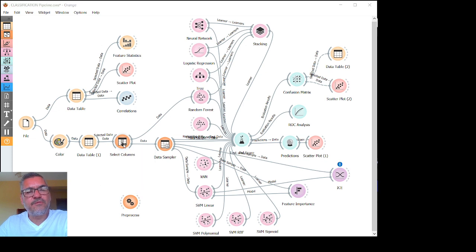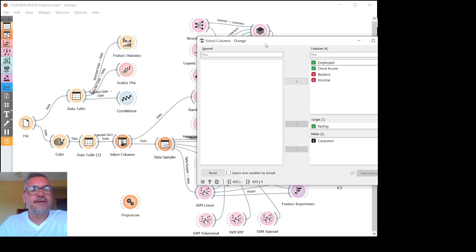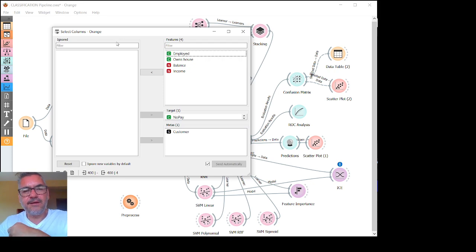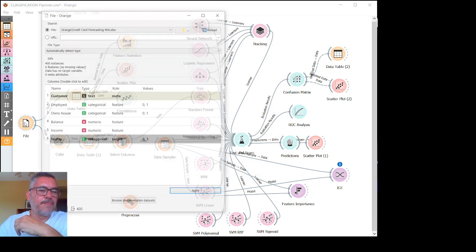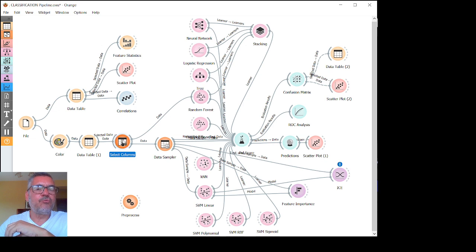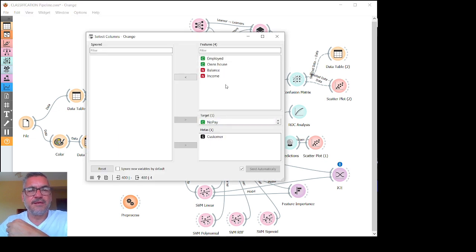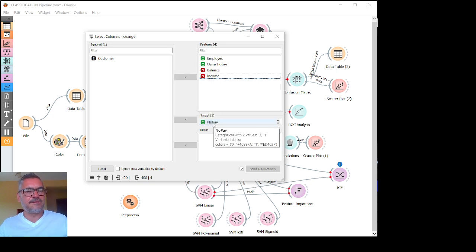Next, we have this node, select columns. What we do here is we actually assign different roles to the different variables. Even if we didn't do it at first here in this file, now we can do it here. Let's say we didn't do it before, so all variables would have been there. This is my target variable. I can drag it here as a target to designate it as a target variable.